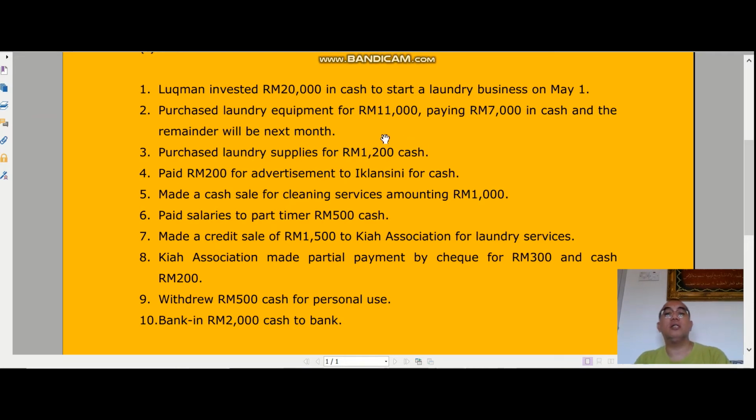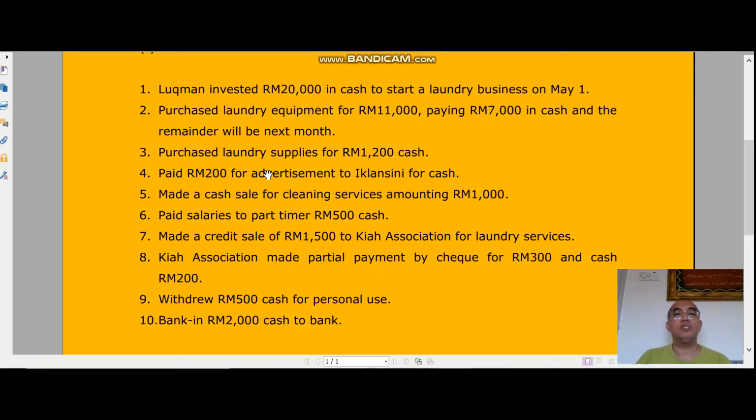Oh, alright. Now 11,000, only paid 7,000, so you have the balance of 4,000. So that 4,000 will remain until next month. So Lukman will still be owing to the supplier of this laundry equipment. So that one is a creditor. It will be his liability. So the 4,000 is the liability.